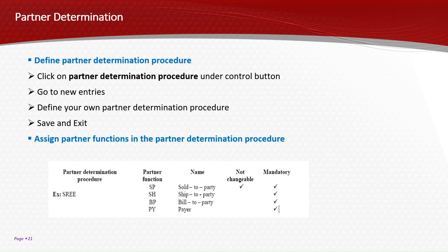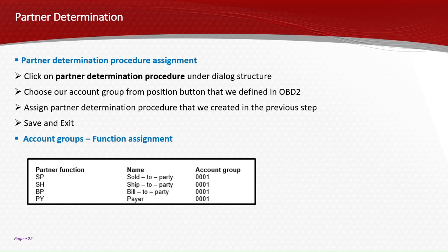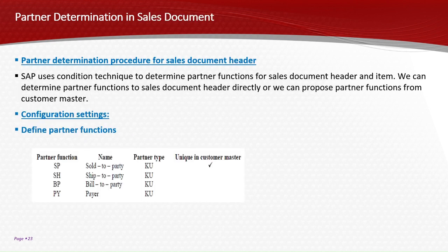This partner determination procedure, you then need to assign to the partner function. Then the next step is the partner determination procedure assignment, and the next one is the account group functional assignment. Okay, which I will show you in the next video.